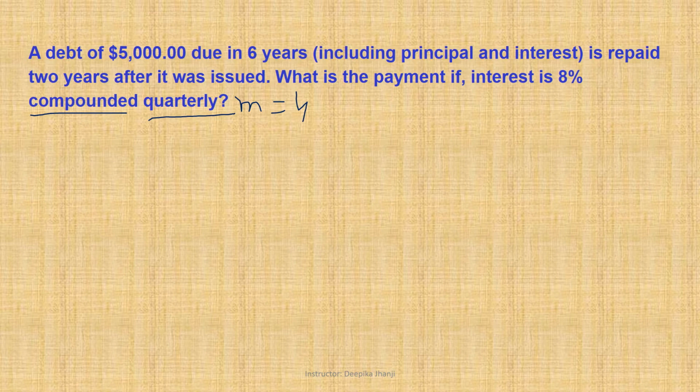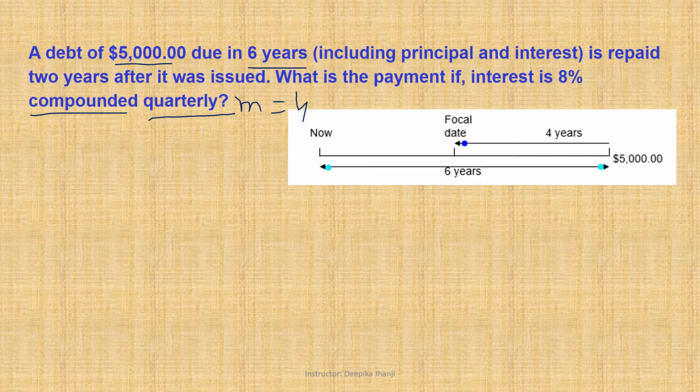A debt of 5,000 due in 6 years. So starting from now, after 6 years, our debt of 5,000 is due, so 5,000 at the end of 6 years. But the debt was paid in advance, after 2 years from now.